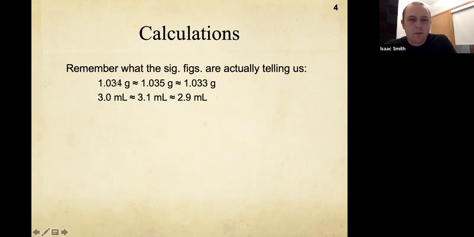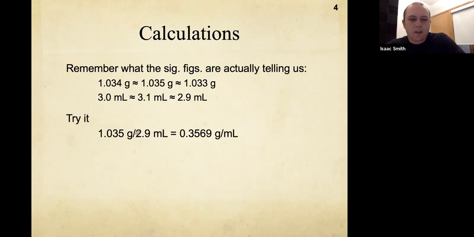So when we say 1.034 grams, what we really mean is it could be 1.034 grams, it could be 1.035 grams, it could be 1.033 grams, because this last one is just estimated. Same with the volume, okay? It's plus or minus 0.1 milliliter, maybe even 0.2 milliliters of inaccuracy, depending on the instrument that we're using to measure it.